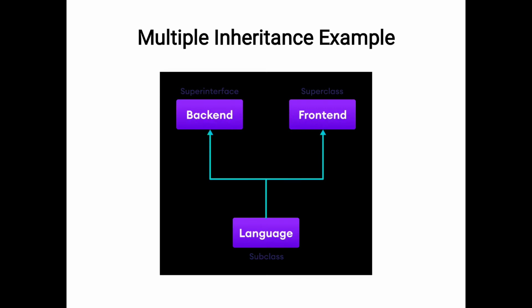Based on our assumption, in this particular example I will consider backend and front end as the superclasses. Here language is the subclass. Vice versa is also accepted, because in languages we have different types of subtypes available. But in this example, backend and front end are the superclasses and language is the subclass. The language can inherit all the properties of backend and front end.